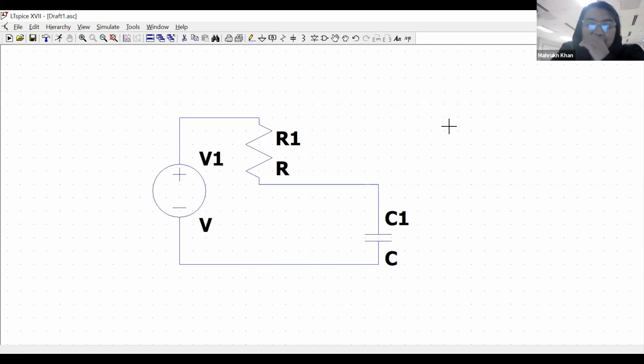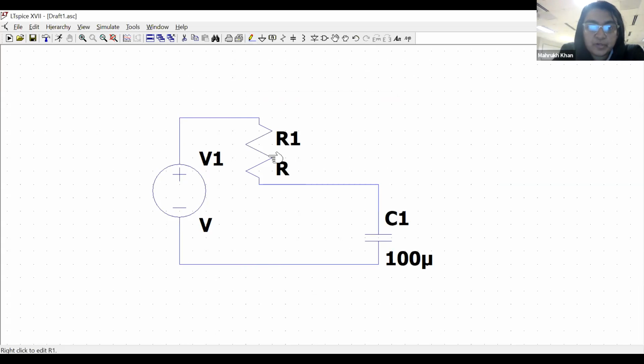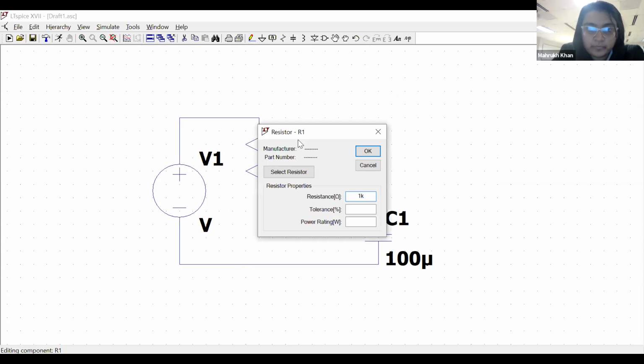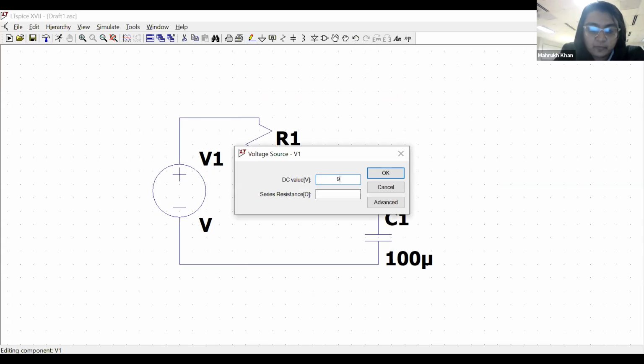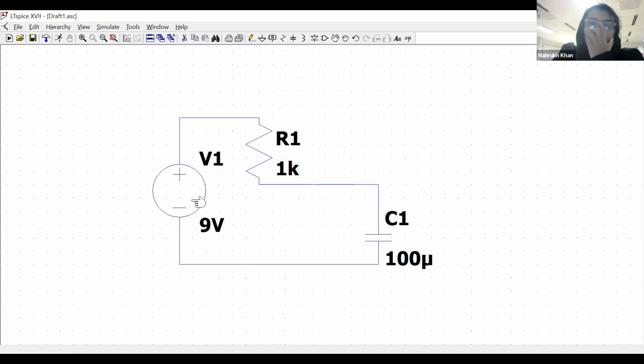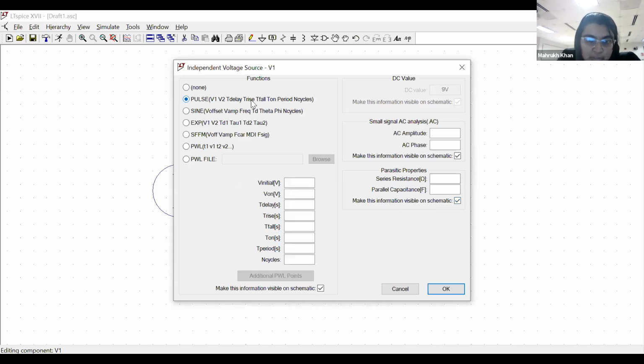So I am saying that this capacitor is 100 microfarad, right? And the resistor is 1 kilo ohm. Let's say this is 9 volts. But in this case, I will go to advanced and choose pulse.